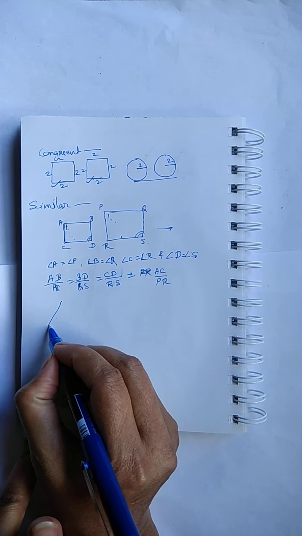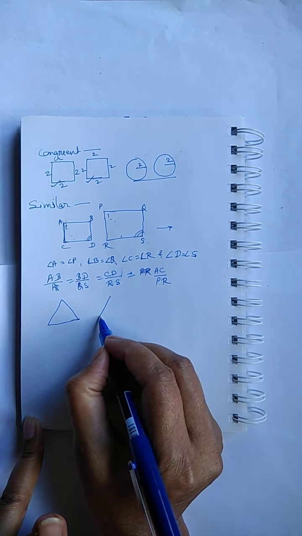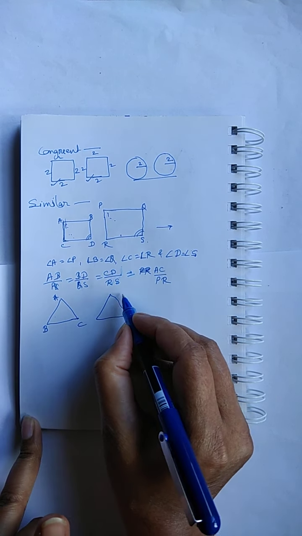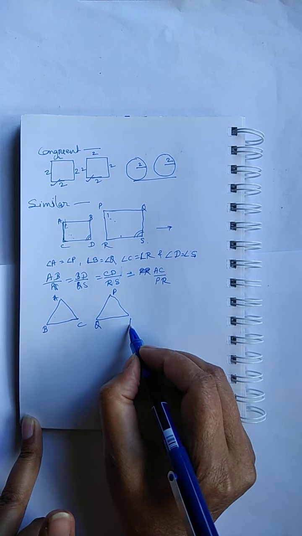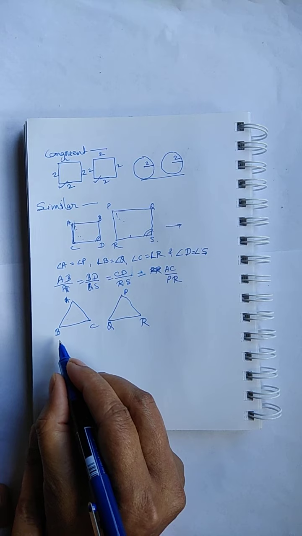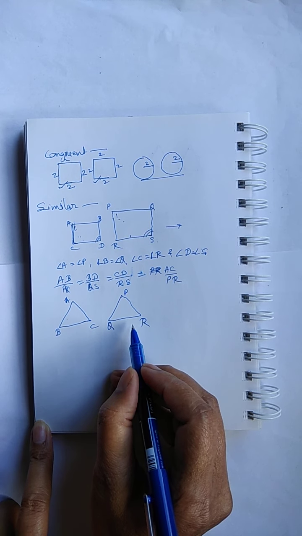Now if we take two triangles, like ABC and another triangle PQR, how can we say these two triangles are similar?